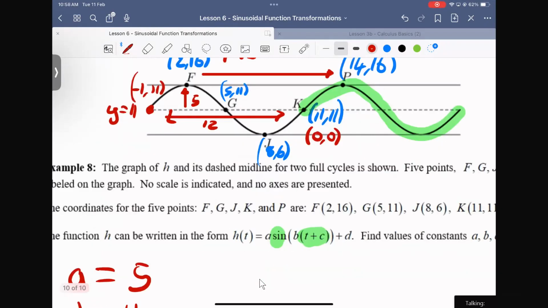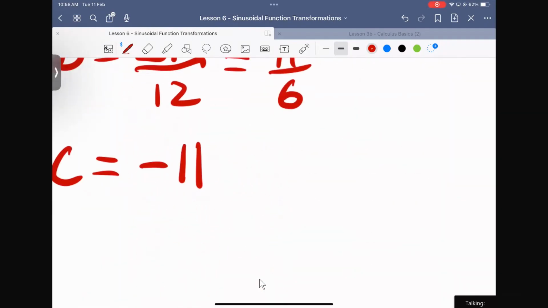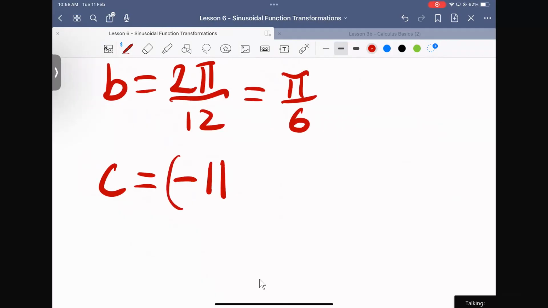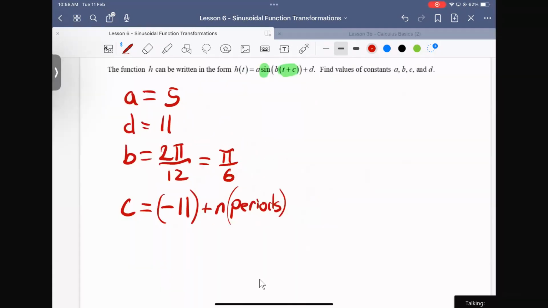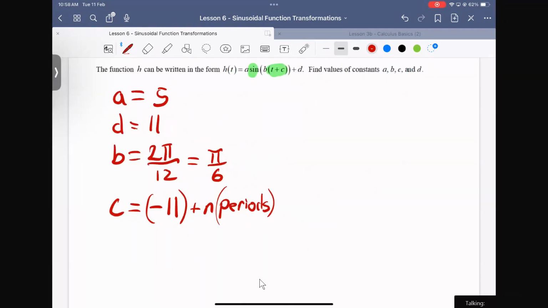In fact, the value of C is going to be this value plus n periods. So we can add and subtract n periods to whatever the C value is and we can move it across and we'll still get the same graph.